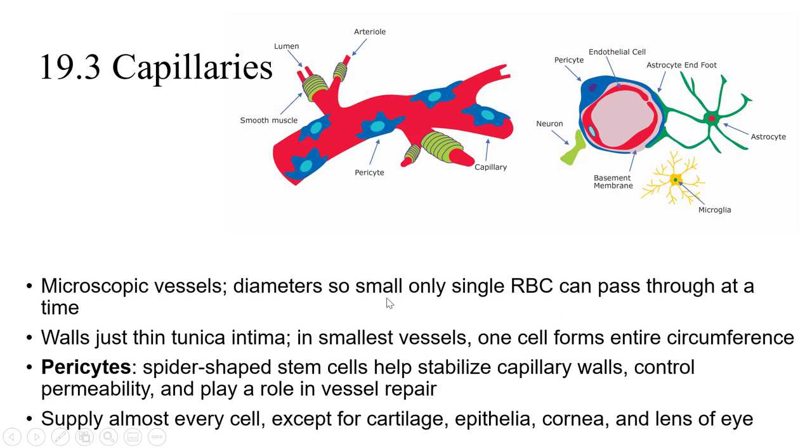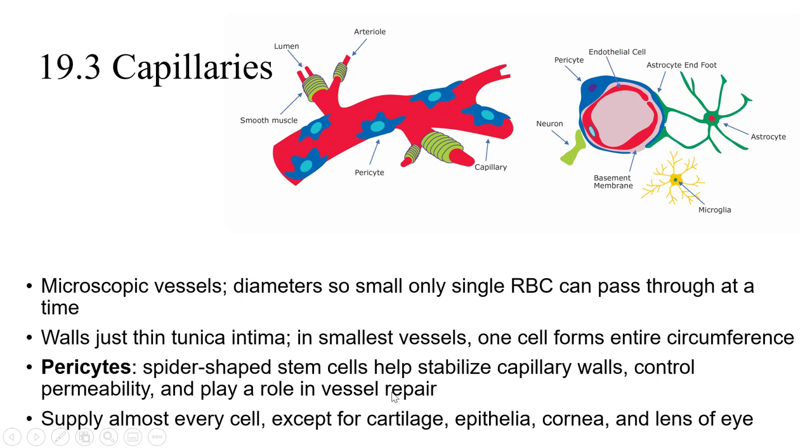And then they have some specialized cells which you call pericytes. In this picture here, the blue things that look like flowers are the pericytes. They are spider-shaped stem cells. They help stabilize capillary walls. They control the permeability and they play a role in vessel repair.